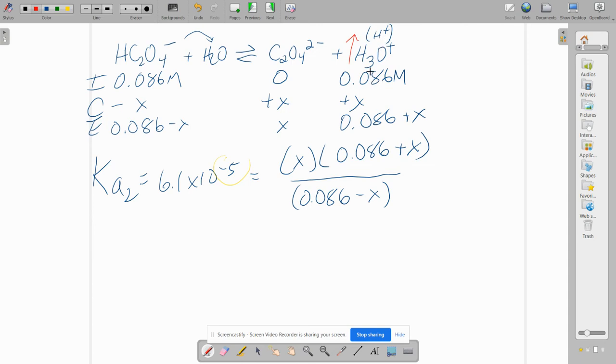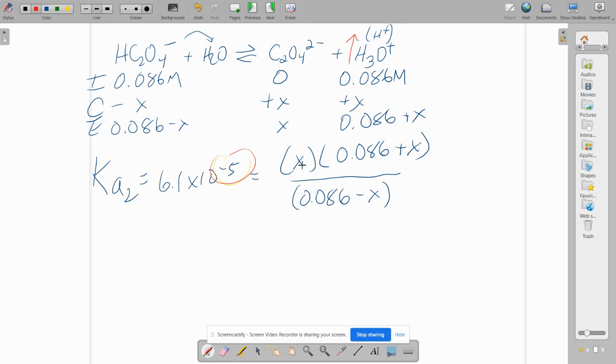The fact that this isn't zero and we already have some H plus sitting there, if you think about Le Chatelier's principle, that's even going to shift the reaction less in the forward direction. So for two reasons, because of the small Ka value and because there's H plus or H3O plus already present, this dissociation is really not going to shift very far in the forward direction.